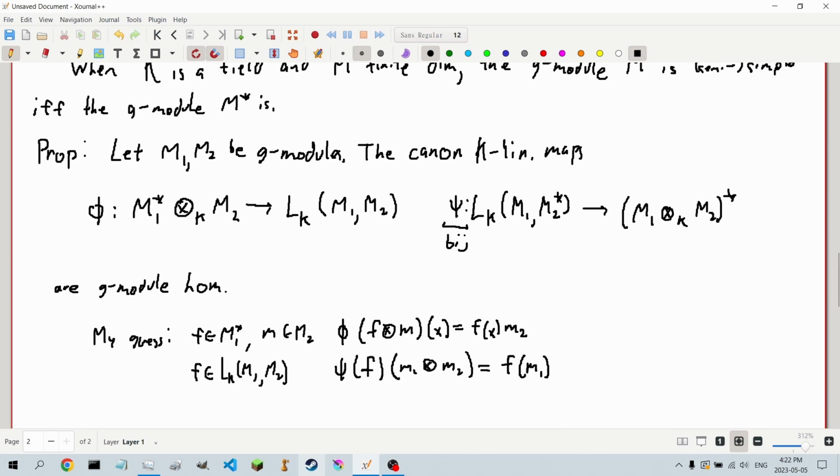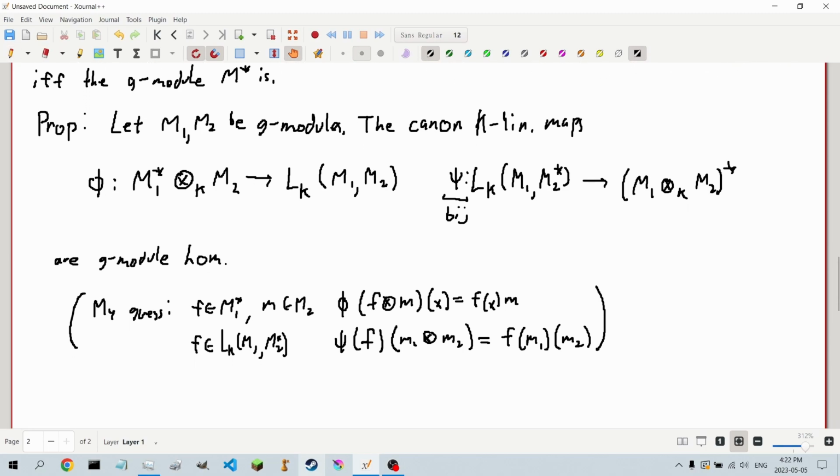F is an LK of M1 to M2 star. So F of M1 is going to be a linear function on M2. So I guess it would look like this. Keep in mind this first one is multiplication. The second one is repeated evaluation. And once again, I'm going to stress these are guesses. These are the most obvious maps for these two linear functions, but I don't actually know for sure. So, watch out.